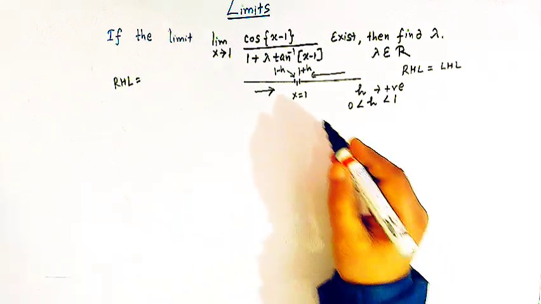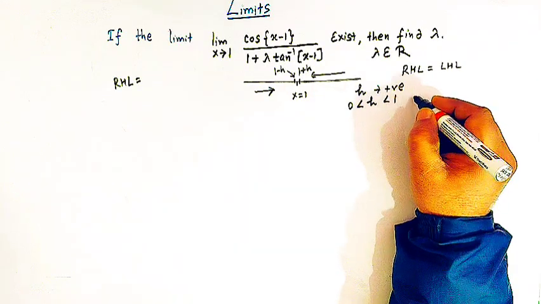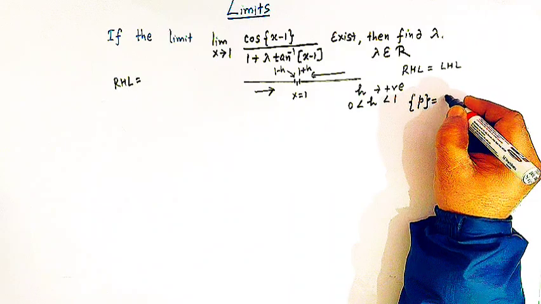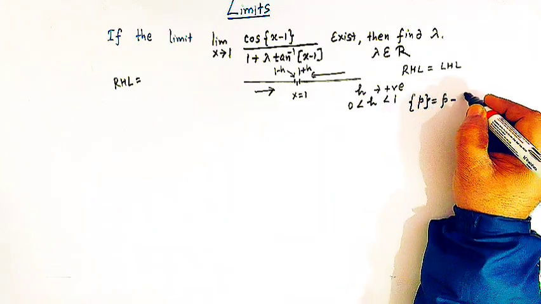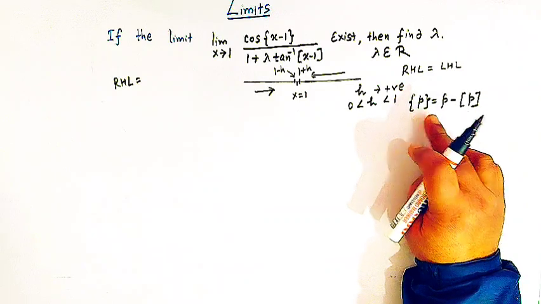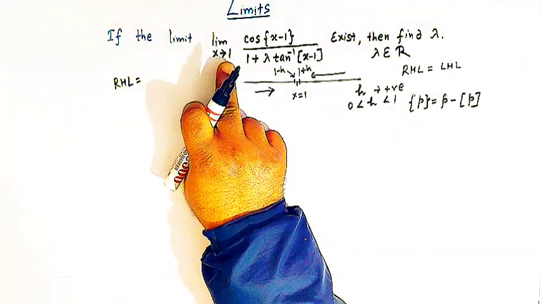So let us quickly see the definition of the fractional part function. The fractional part of p is defined as the difference of p and the greatest integer of p. This definition is going to be very useful while solving this problem.